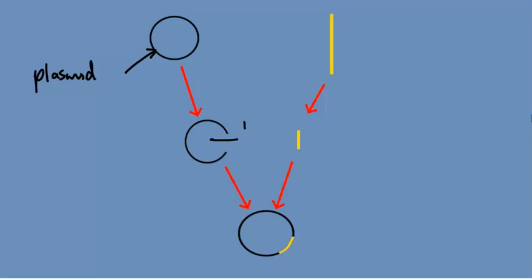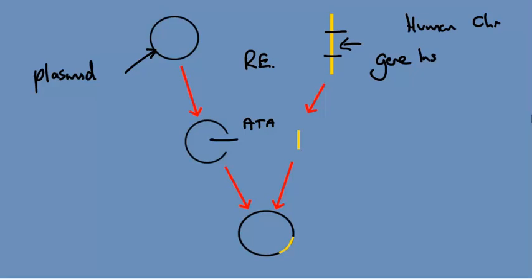Let's say that it cuts it at the base sequence ATA. We would then use the same restriction enzyme and cut into the human chromosome. So this would be the human chromosome, and we are going to cut at the location where the gene for insulin sits, using the same restriction enzyme. And here's the human gene for insulin.